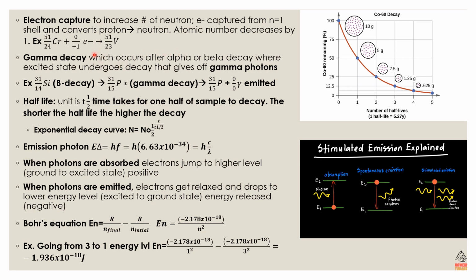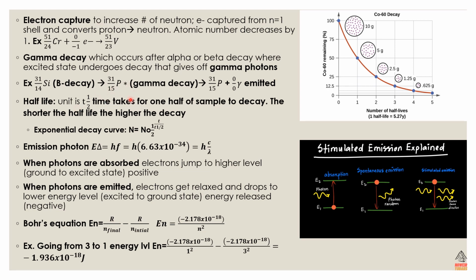And then lastly, we have the gamma decay. Gamma decay occurs after alpha or beta decay, where an excited state undergoes decay and gives off gamma photons. So here you have Si undergoes beta negative decay. We said beta negative decay, you add one more proton. So negative, you add; positive, you decrease or remove.